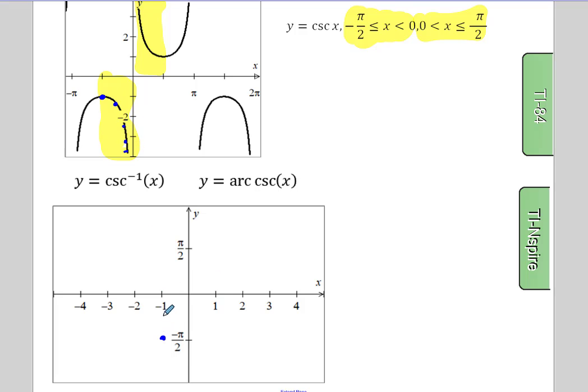So as we get larger values this way, our values are going to get closer to 0 if you follow that type of logic. So it's going to behave that way. So we flipped the x's and the y's in our inverse function.